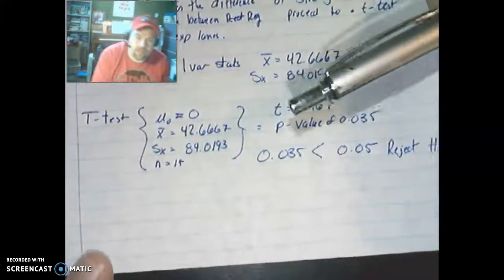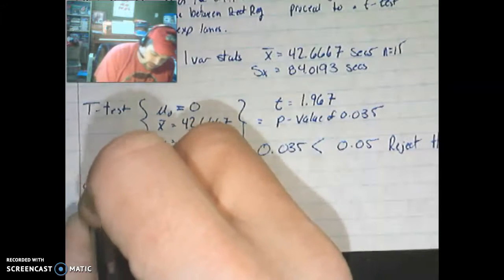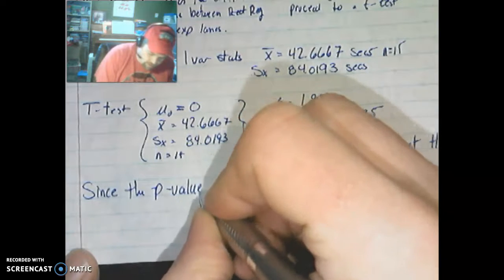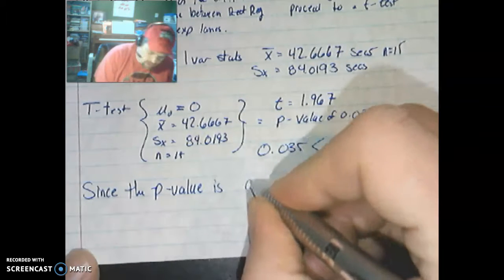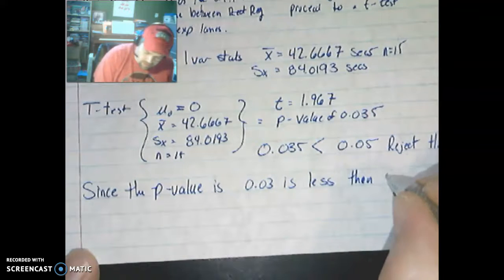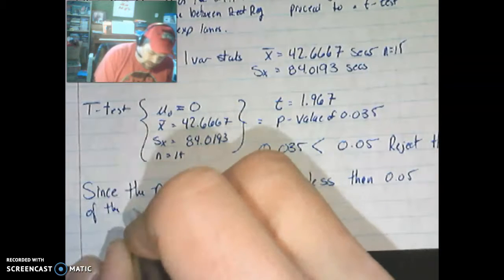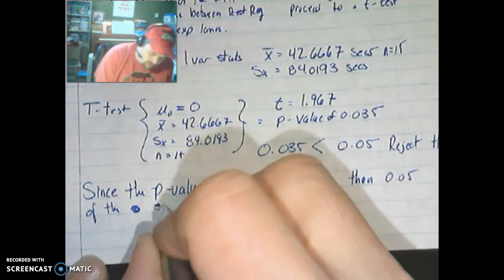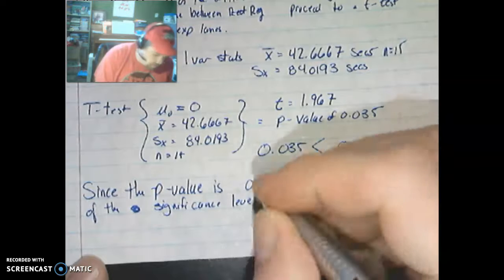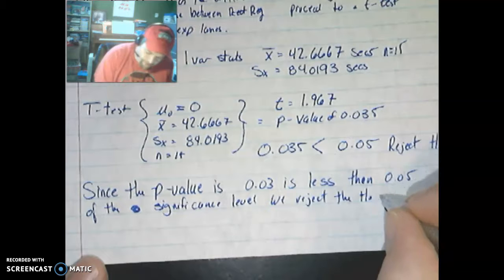And then we write up our statement and say, since the p-value 0.035 is less than 0.05 of the, I better write it out, significance level, we reject the null hypothesis.